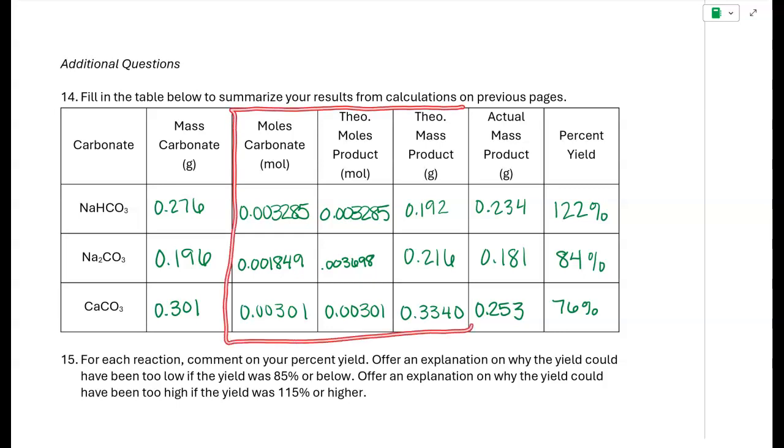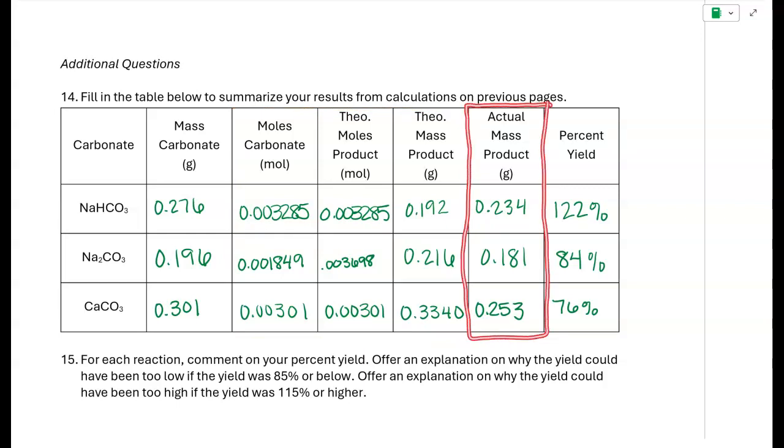So these are calculated. And then this here is from table 2. And then again, percent yield is calculated. So we have table 1 data, we have table 2 data, and then we have calculated here.